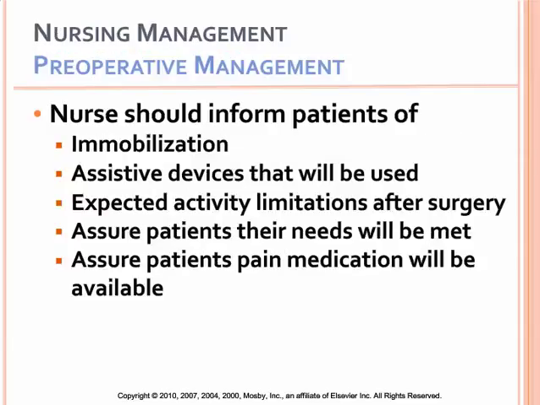If the patient's going to surgery, preoperatively, the nurse should tell the patient of any immobilization or assistive devices that will be used and what expected activity limits there will be after surgery. You want to assure the patients that their needs will be met and that they'll have adequate pain medication available.